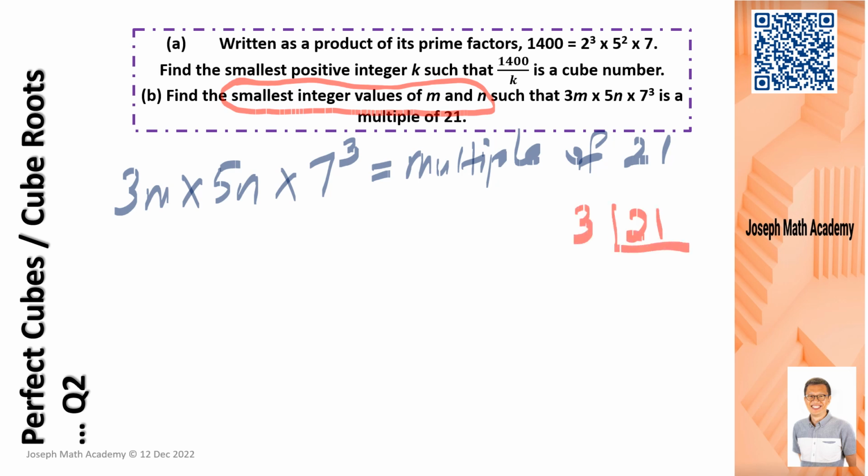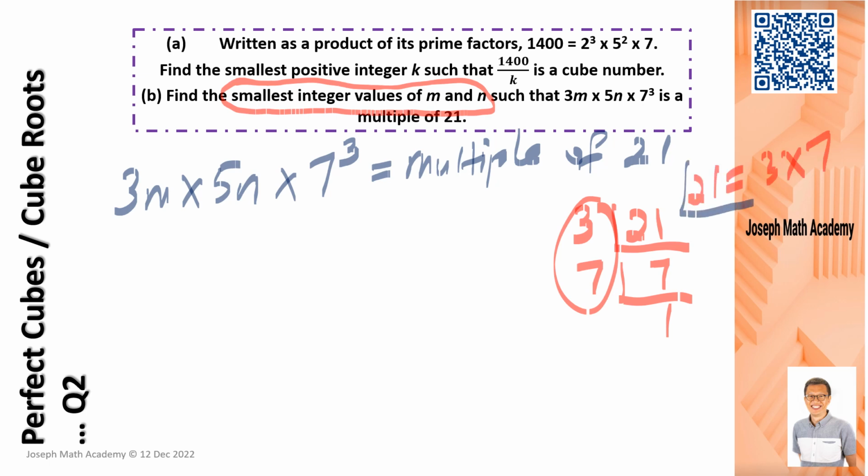Let's do with a 3 first. 21 is merely 3 times 7, a very simple number made up of two prime numbers, 3 and 7.